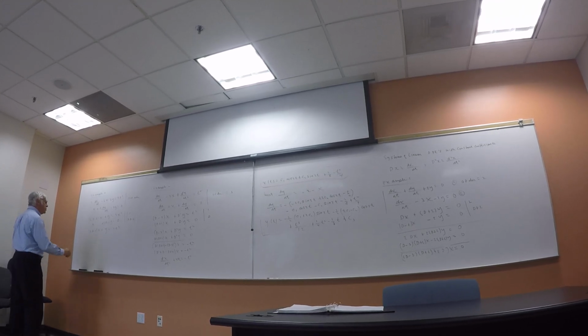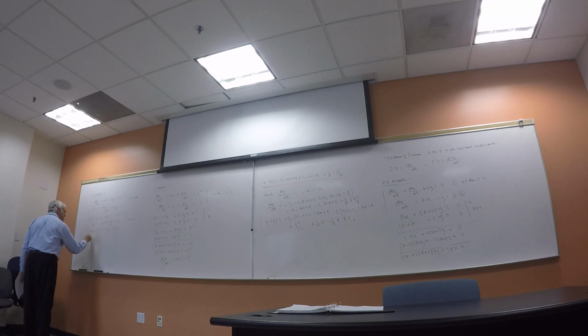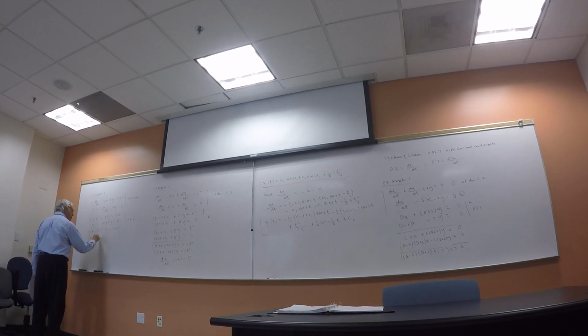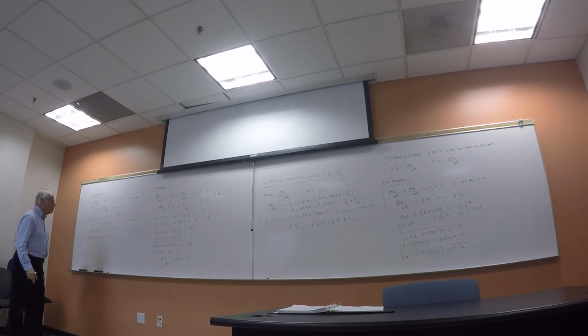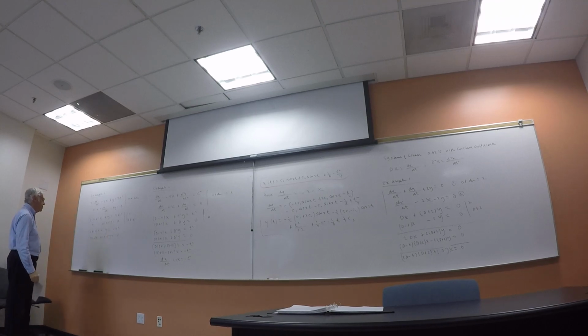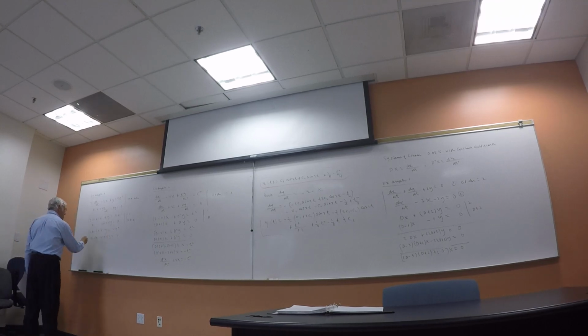Hit this with 2D minus 3. 2D minus 3 operating on x. Then we get 2D minus 3, that operator squared, right? Equals, fortunately, 0, right? Okay?